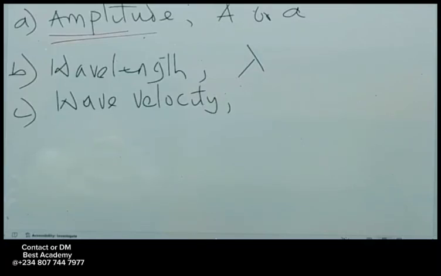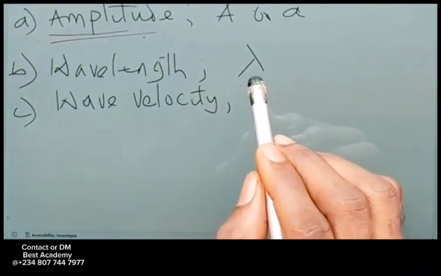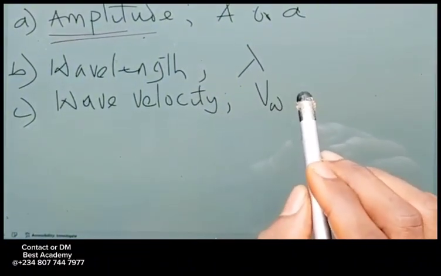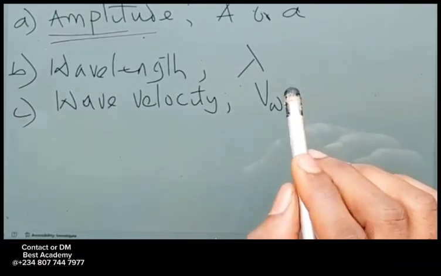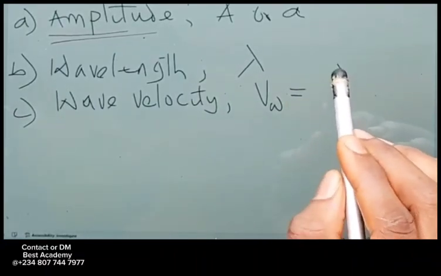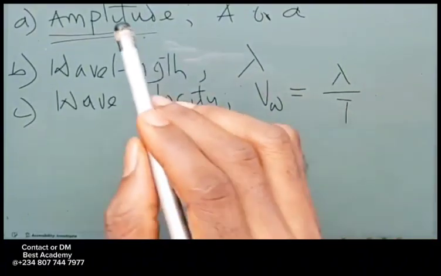Wave velocity can be defined as wavelength per unit period. That is, V sub W is equal to lambda over T.